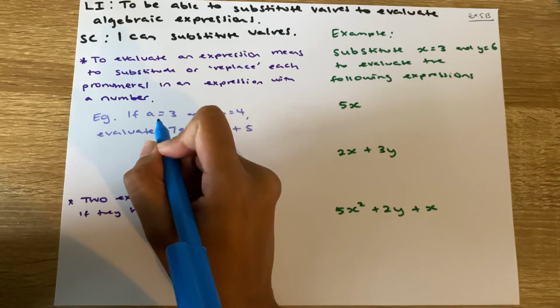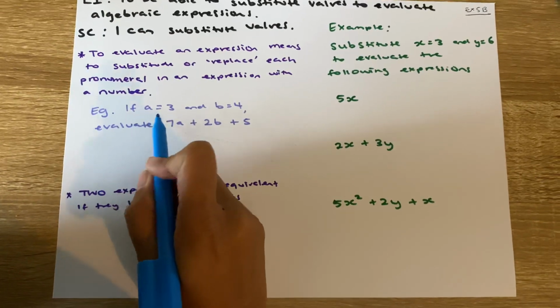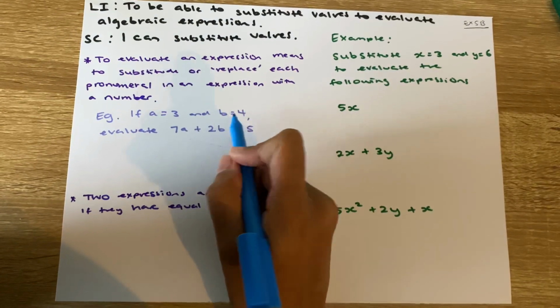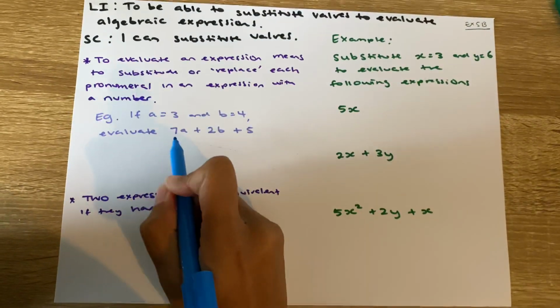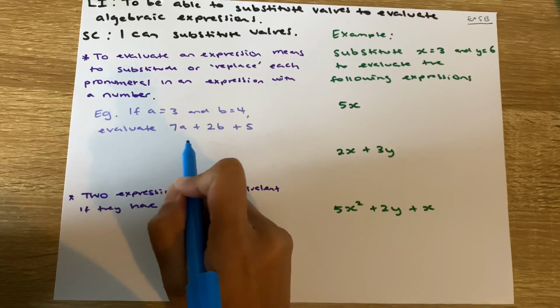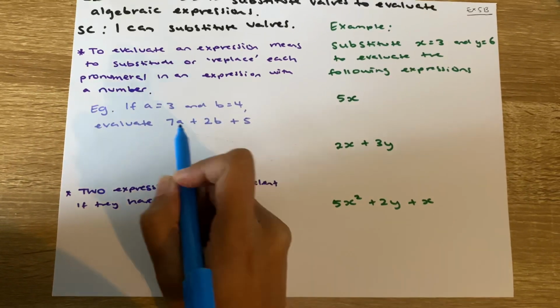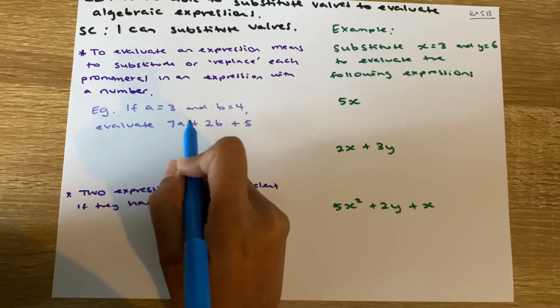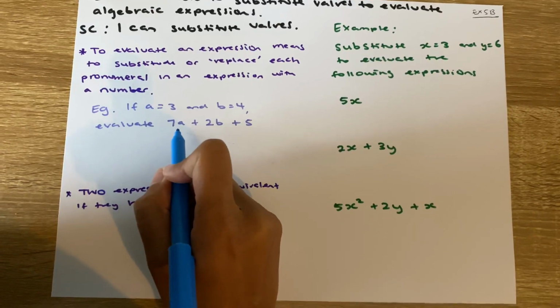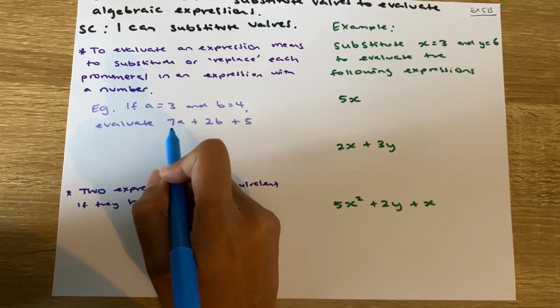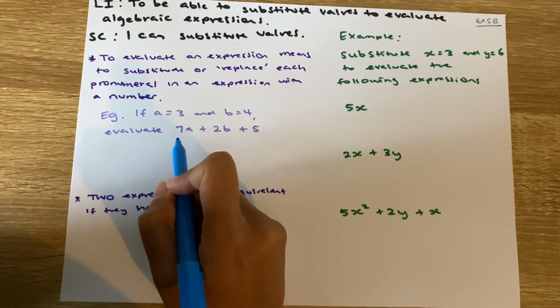An example is here. If I tell you that the letter A represents 3 and the letter B represents 4, we want to evaluate the expression 7A plus 2B plus 5. We have here a 7A. We know that A is 3, and when we write a number and a letter together, we need to remember that there is an invisible times sign between the two.